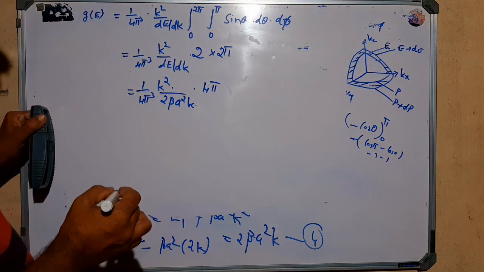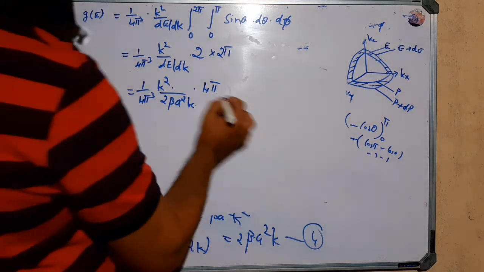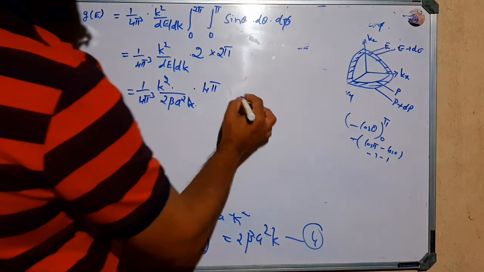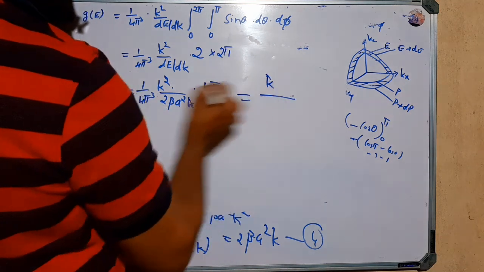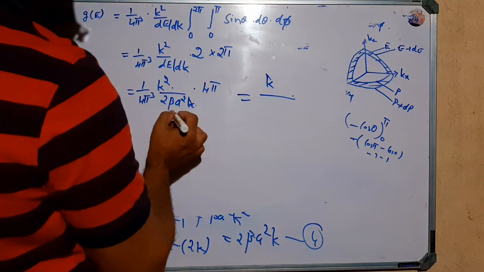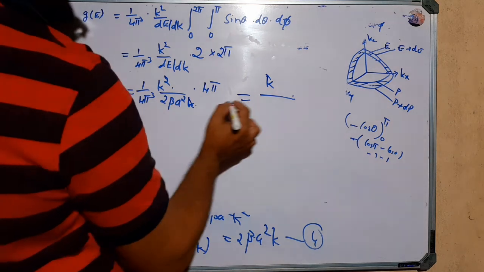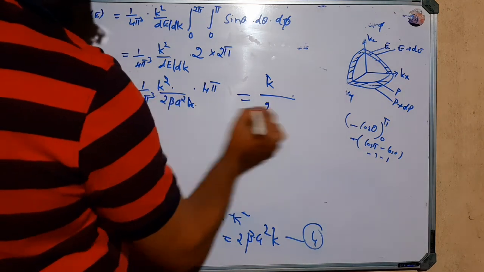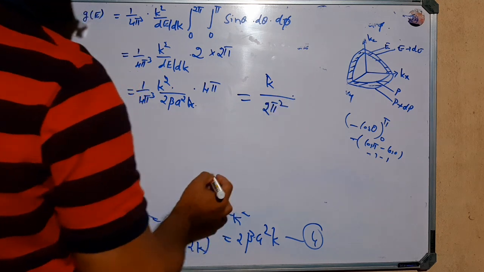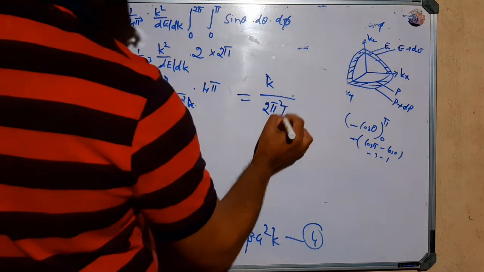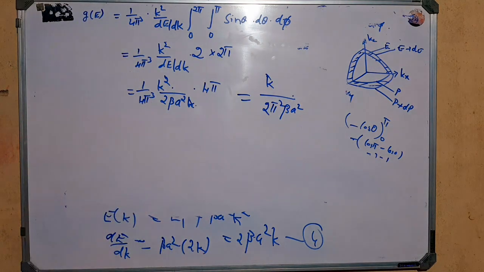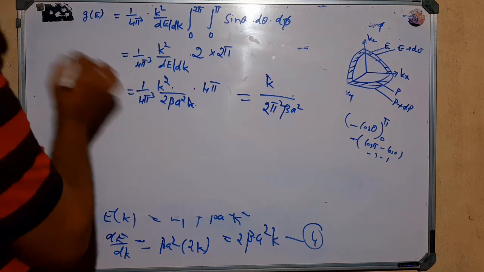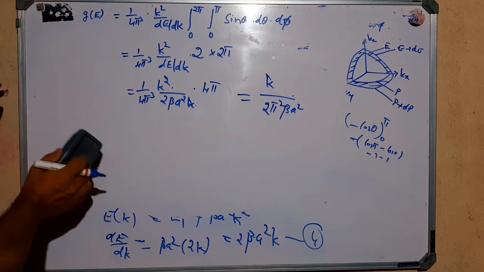So what are you getting now? This is equal to, 1 k gets cancelled, remaining is k, pi gets cancelled, 4 gets cancelled, right? You are getting 2 pi square beta into a square. So k divided by 2 pi square beta a square, that is g of E you are getting now.